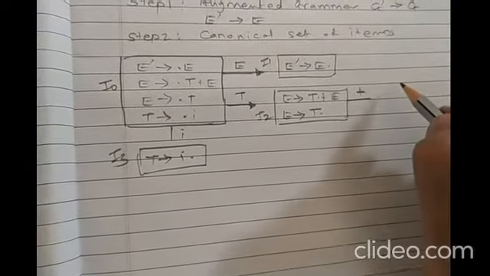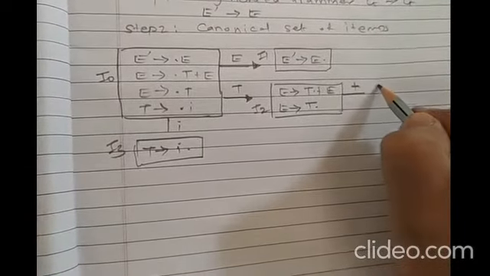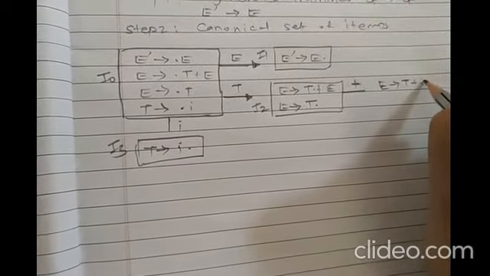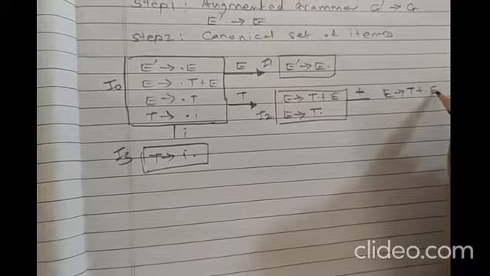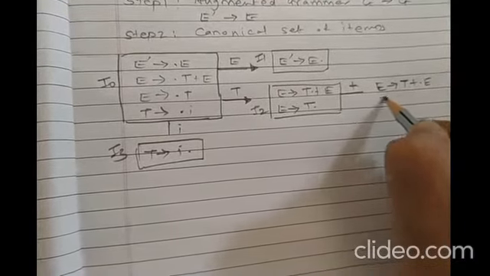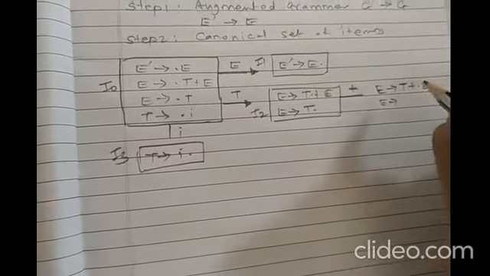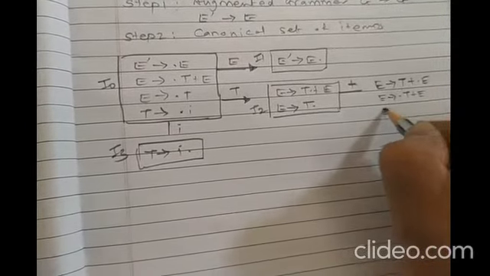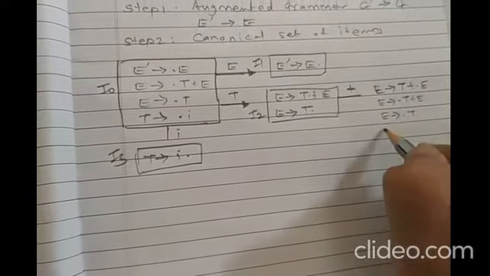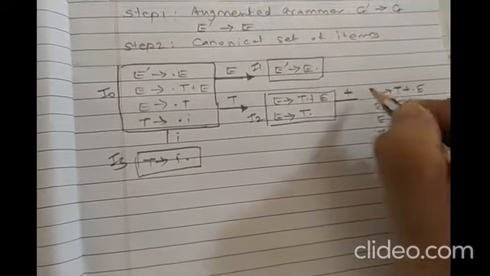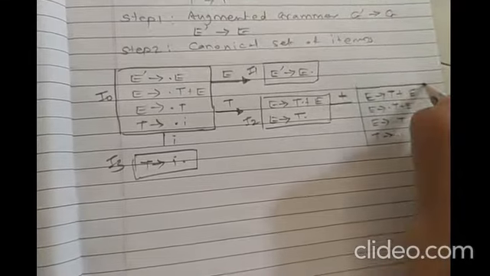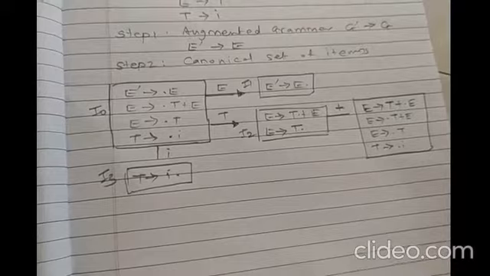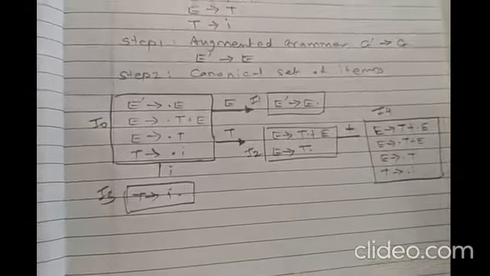We will get a state like E tends to T plus dot E. Now because of this dot E, we have to write all E's productions again. So it will be E tends to dot T plus E, then E tends to dot T, and T tends to dot i. So everything we have to write again. So this is the new state T plus dot E. I'll just name this as I4.